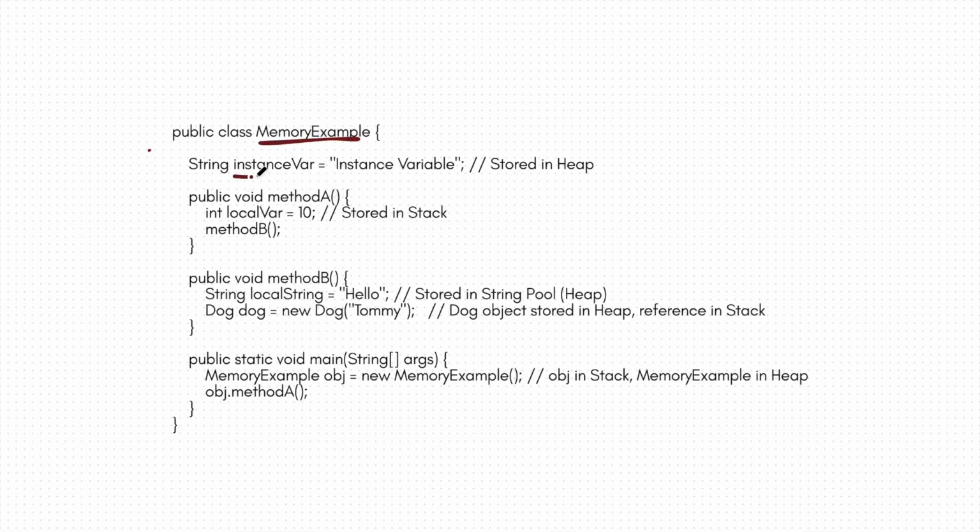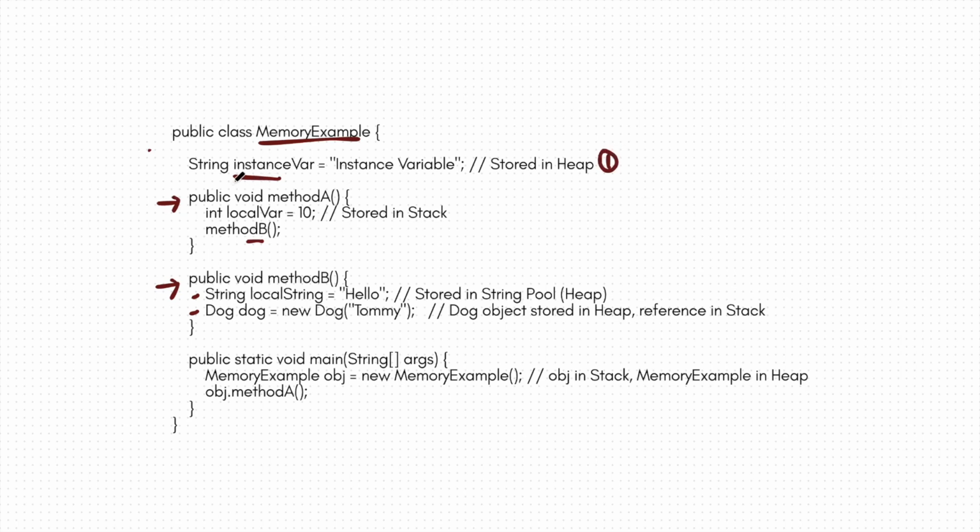I have this instance variable, I have this method, and I have another method. In this method you can see method A is calling method B. And we have literally every example: it has a string, it has an object also, and now we will see which line is doing what and where it is getting stored. So let's first of all do our line number 1.